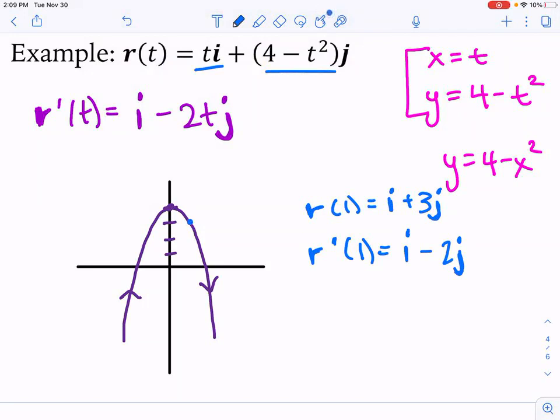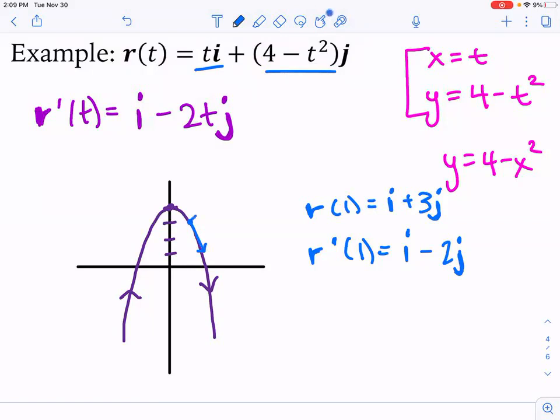So our vector of 1i minus 2j is our tangent vector. Hey, that looks good, right? If we draw our tangent vector from the coordinate we have, it should be tangent, right?